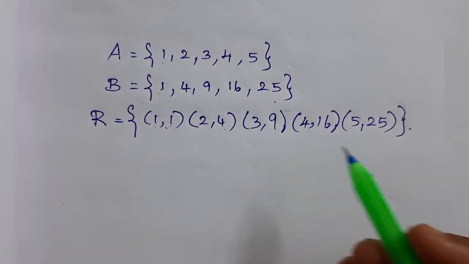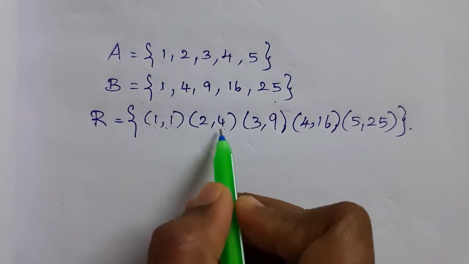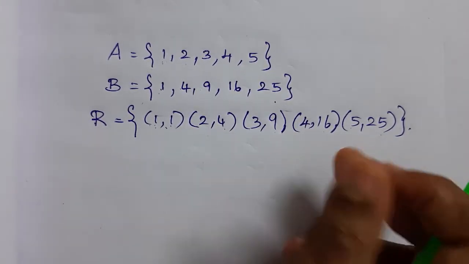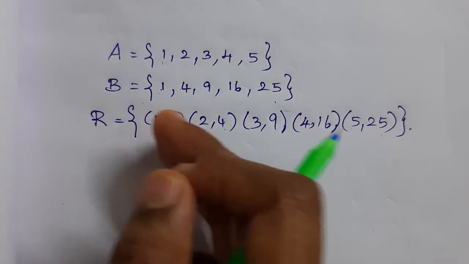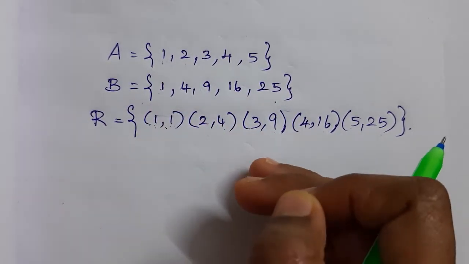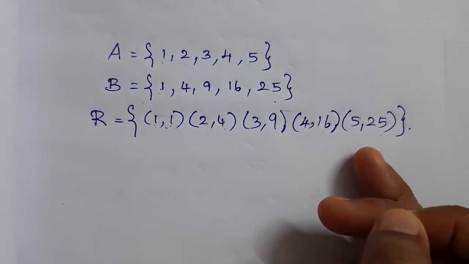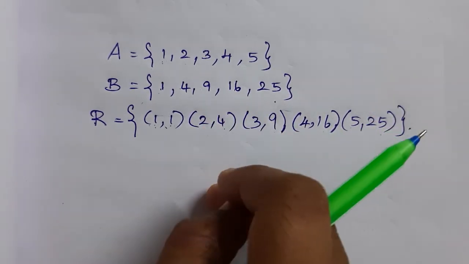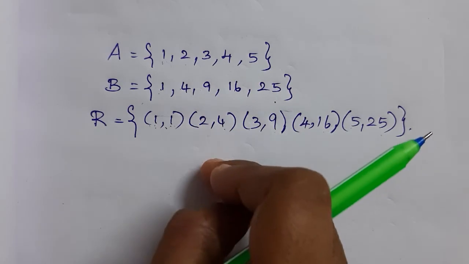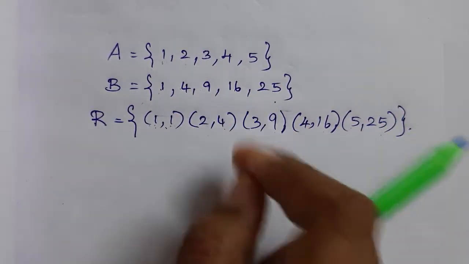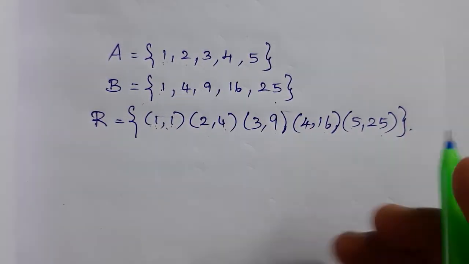I have chosen the square numbers, isn't it? So 1, 4, 9, 16, 25 is my range. All the second terms in this set of ordered pairs are called the range. And here in this case, you could see that the range and codomain are equal.